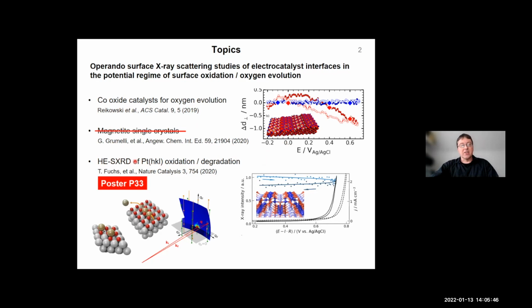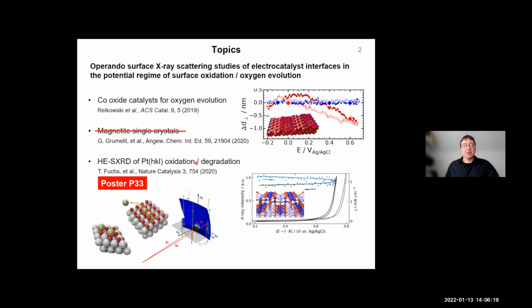This technique, and especially the huge amount of CTR data you get, gives amazing insight, because it allows you to analyze very disordered surface oxide structures which you could not obtain by a normal CTR study. If you want details, please check out the poster of Timo Fuchs at P33.